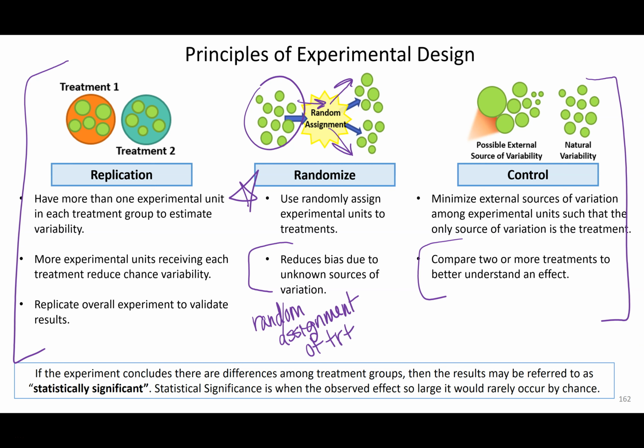So my control would be whatever existing cancer treatment already exists. But absolutely, in some cases, if it's not a risk to life and health, you are allowed to make the control effectively nothing. A lot of times we'll talk about having a placebo, so that they don't know they're getting nothing.